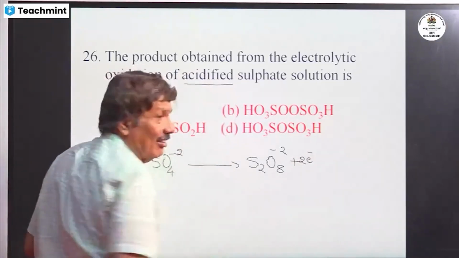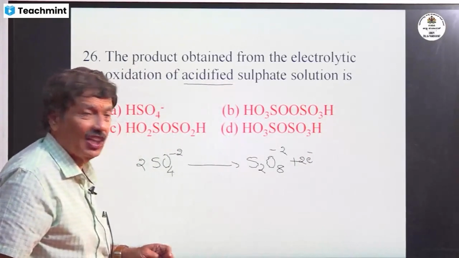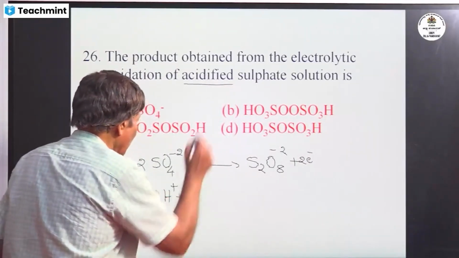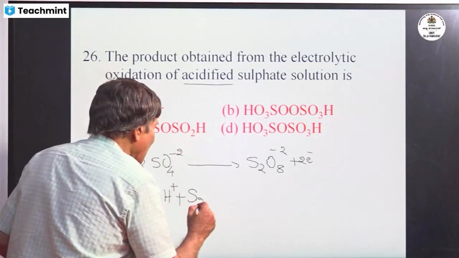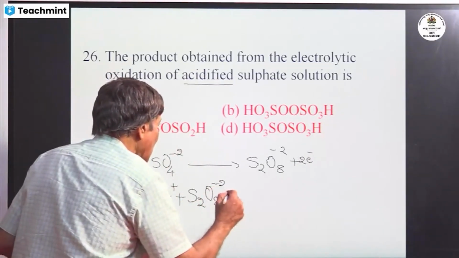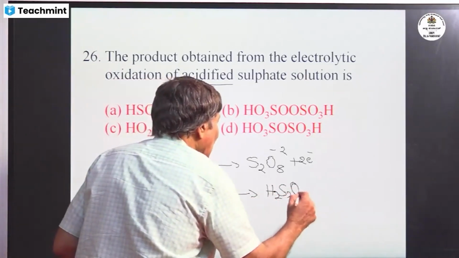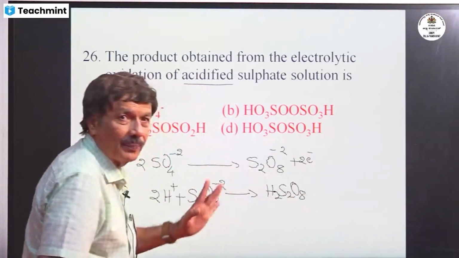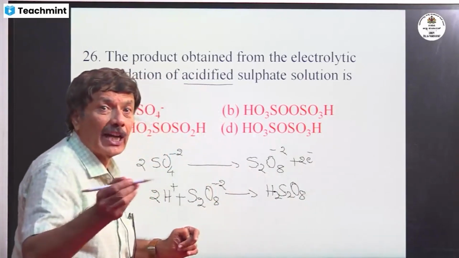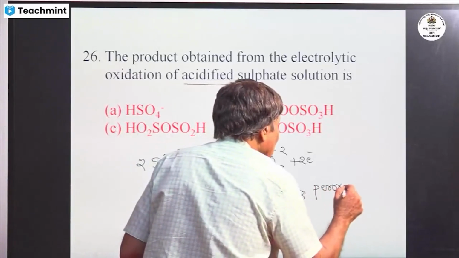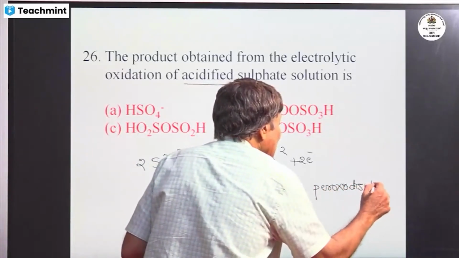Acidified means there will be a good number of hydrogen ions. These hydrogen ions from the acid combine with S2O8 minus 2, giving H2S2O8. This is called peroxodisulfuric acid.